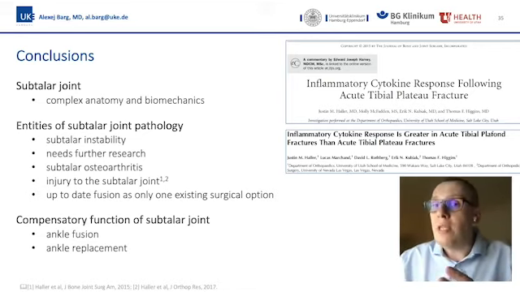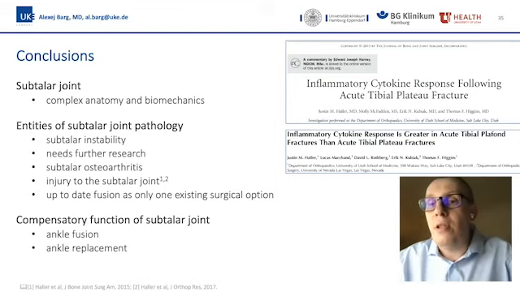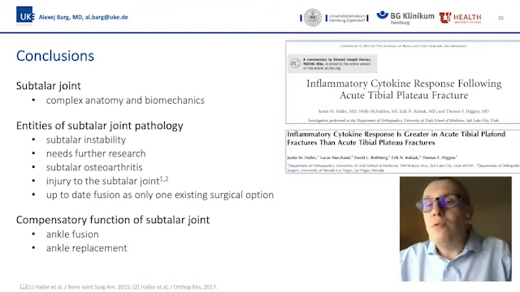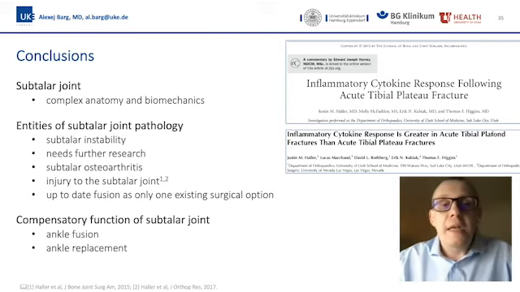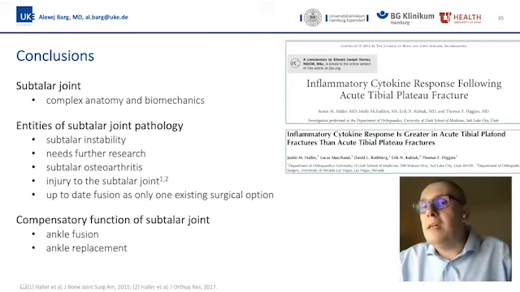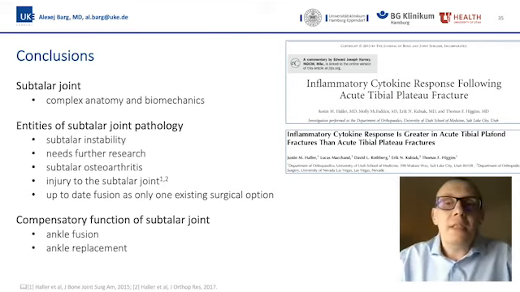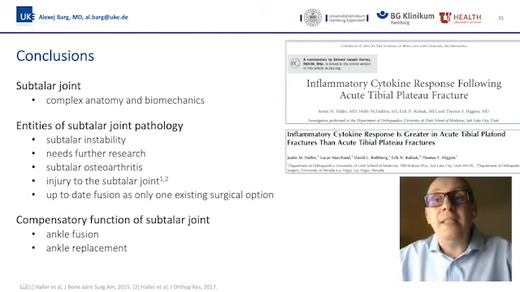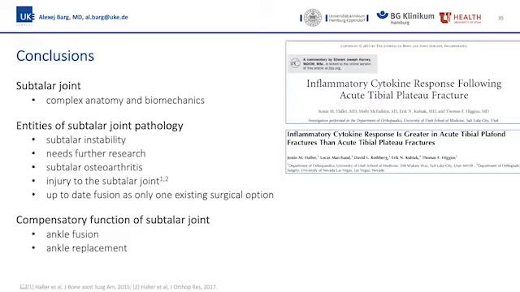So maybe we can block some of this response to avoid the osteoarthritis later. And to date, fusion is the only existing surgical option, so there is no way to replace it. And keep in mind, the subtalar joint is a Cinderella. So when you fuse your ankle joint, it does the work for the tibiotalar joint regarding walking, running, etc.